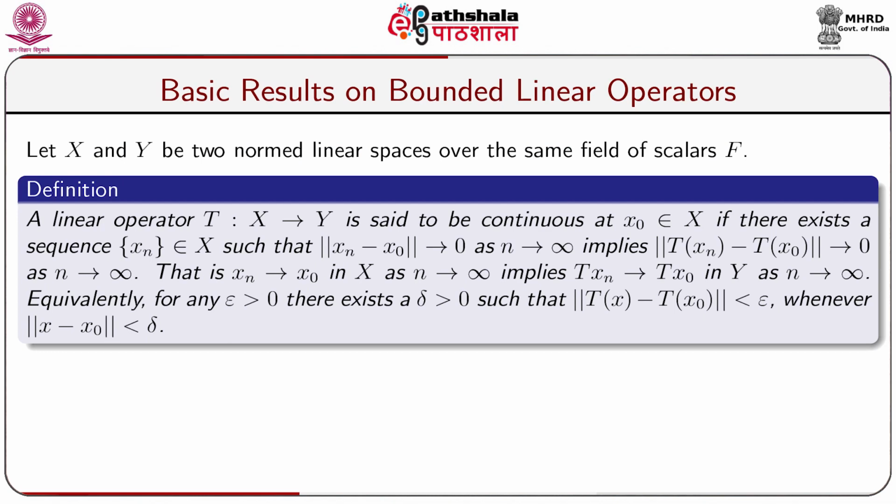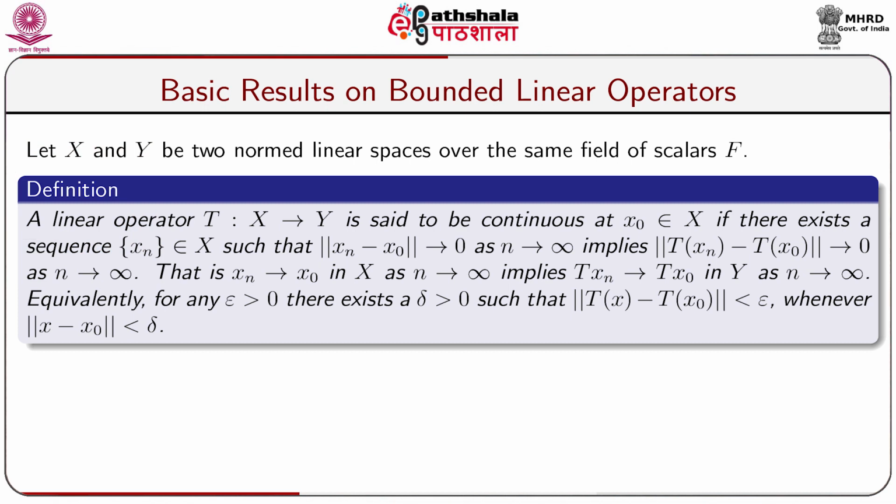Let capital X and capital Y be two normed linear spaces over the same field of scalars capital F. Now take a definition. A linear operator T from capital X to capital Y is said to be continuous at x naught belonging to capital X if for every sequence xn belonging to capital X such that norm of xn minus x naught tends to 0 as n tends to infinity, it implies norm of Txn minus Tx naught tends to 0 as n tends to infinity.